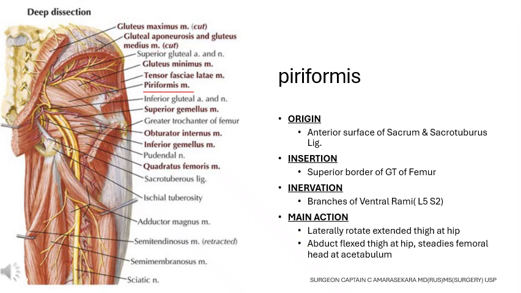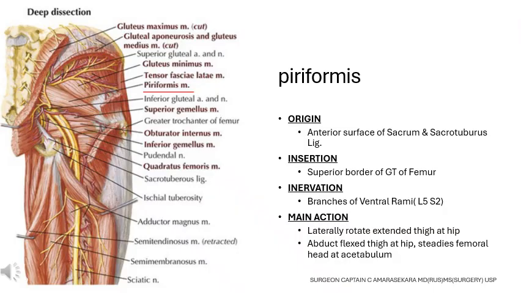From a radiotherapy perspective, these deep muscles and their associated neurovascular bundles are essential landmarks. They help us define soft tissue planes, guide beam orientation, and inform contouring decisions, particularly when treating pelvic tumors, sciatic neuropathies, or post-surgical reconstruction.